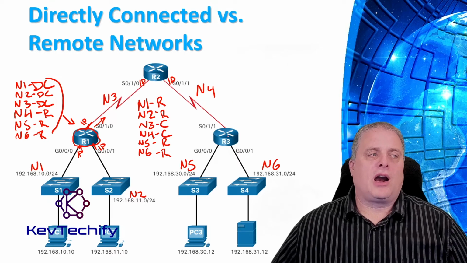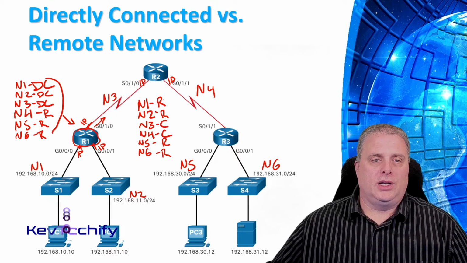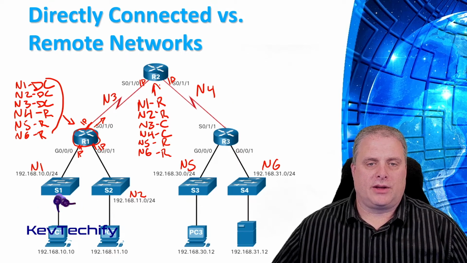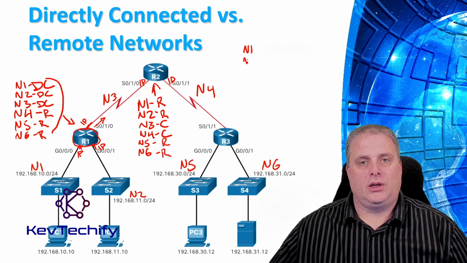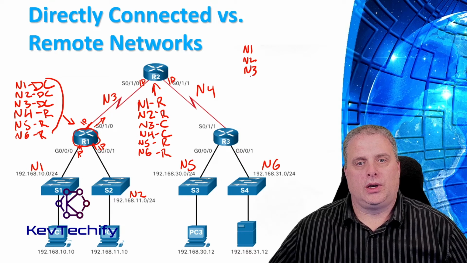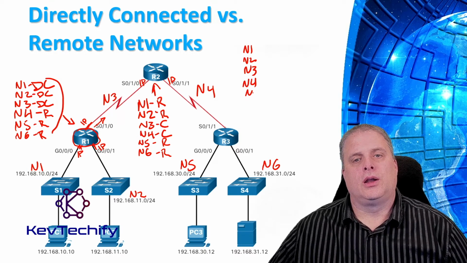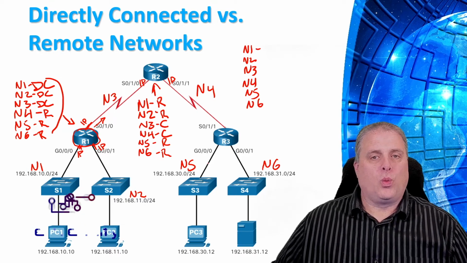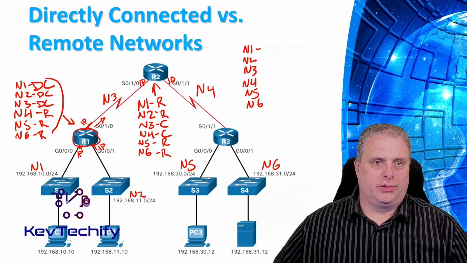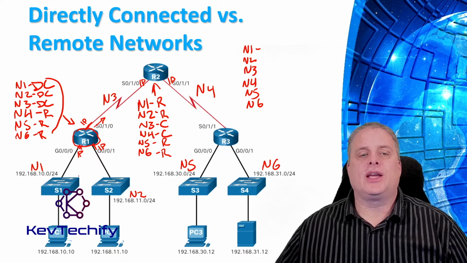And then over here for R3. For R3, we have our 6 networks. Network 1, 2, 3, network 4, network 5, and network 6. Network 1, we have to go through 2 routers to get there. There is no direct connection to that.